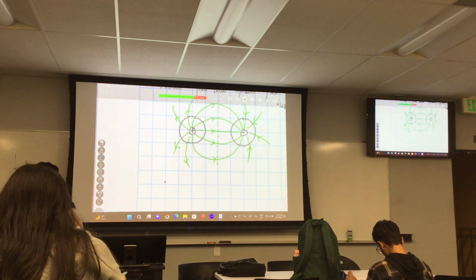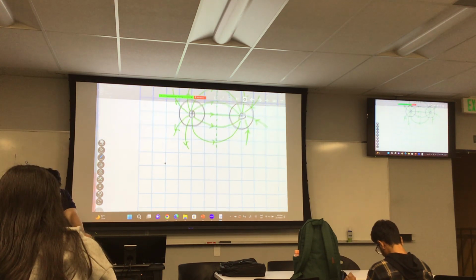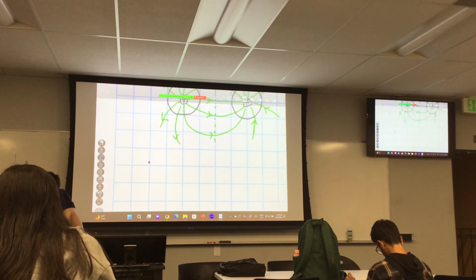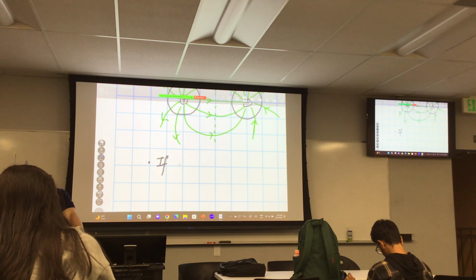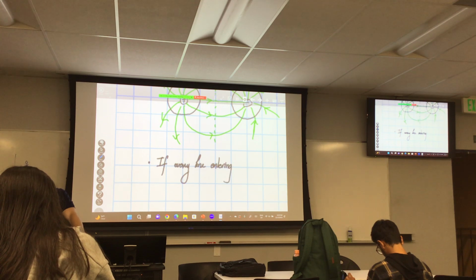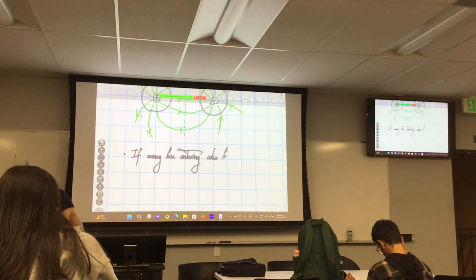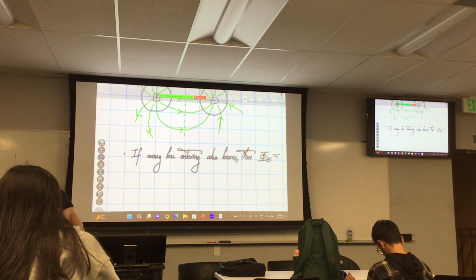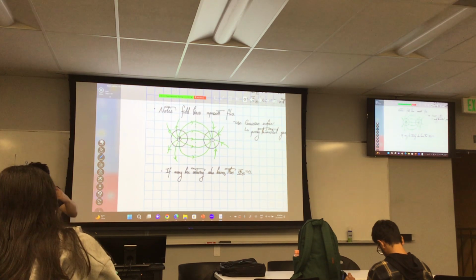And here we can make a few different bullet points. First, if every line entering also leaves, then the flux is going to be equal to 0.